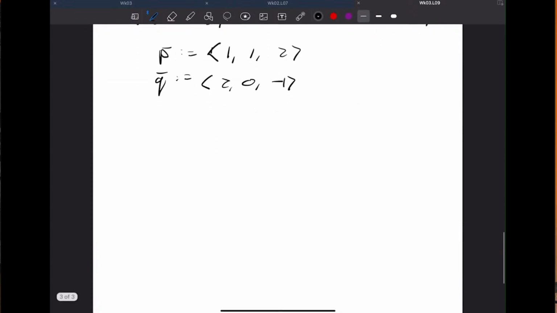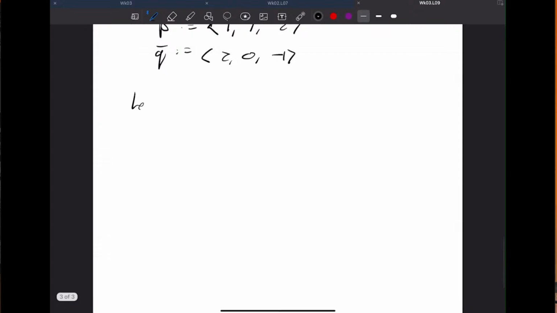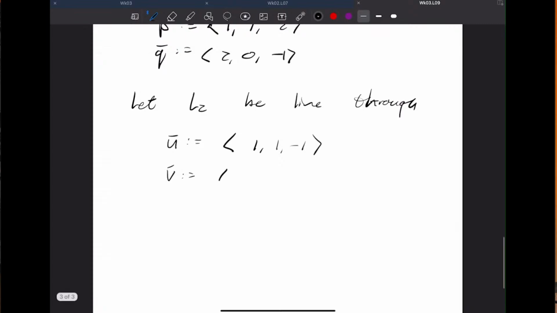And let L2 be the line through the points U and V, where U is (1, 1, -1) and V is (-1, 3, 3).